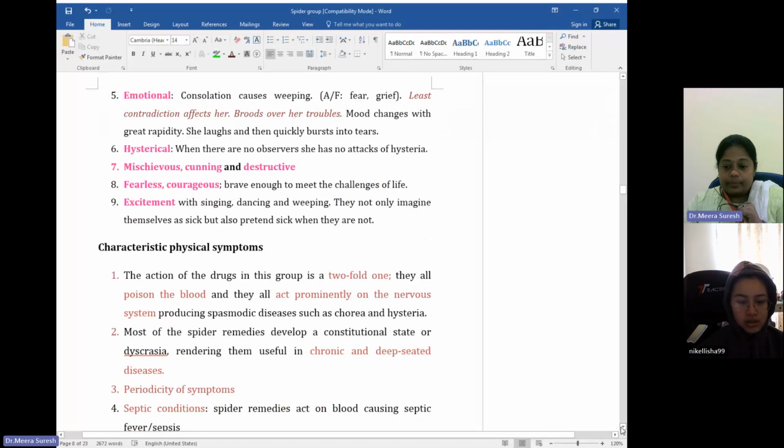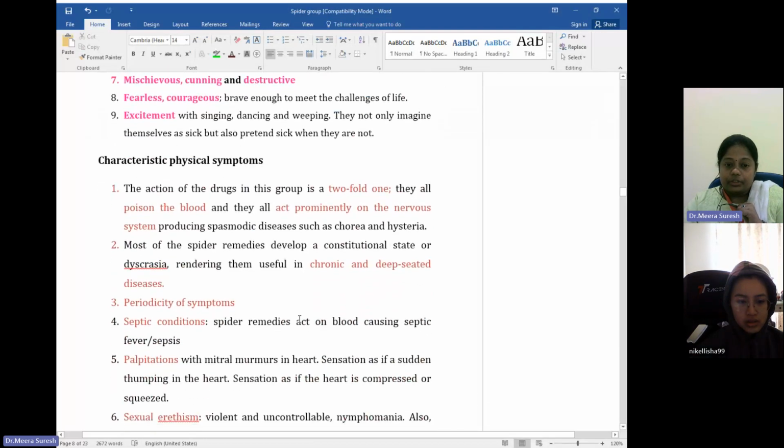Then in the physical symptoms, the action of the drug is twofold. One, it can cause poisoning of the blood, and that's why I told you it is a very good remedy for all the boil, furuncle, carbuncle, abscess, whatever the skin, subcutaneous tissues affection, the septic condition.